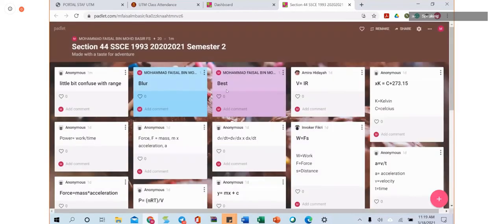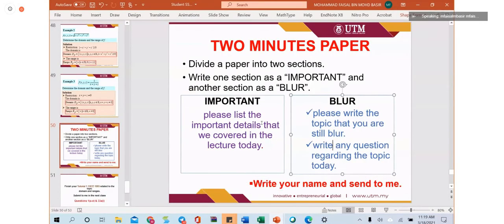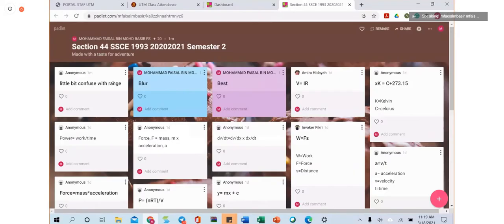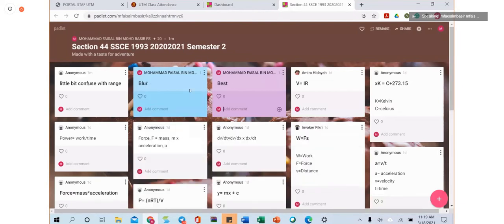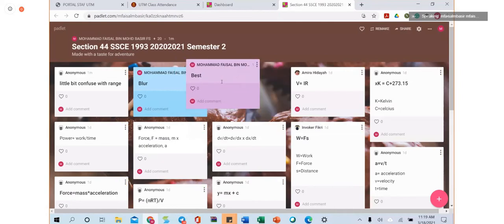So try to comment what is the best and what is the blur, whatever you learned in chapter 1 part 1. I mean important and blur, okay? I just use the word important. Please comment here in my post only.